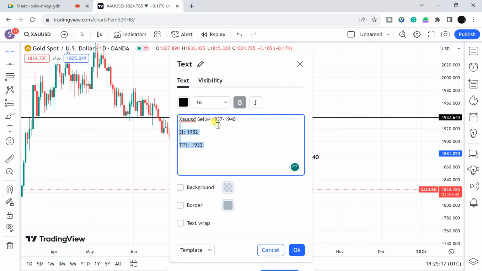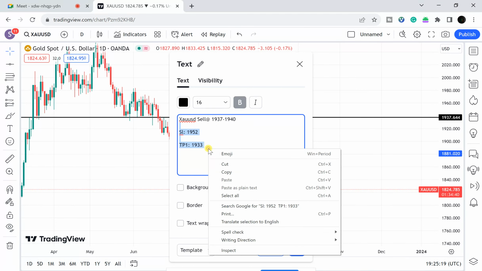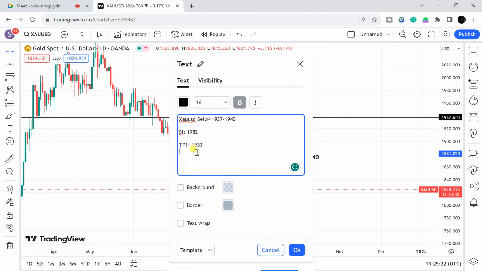And my TP2 is going to be 70 to 80 pips, depending on where I have the next structure. But since this is just an analysis, and we are about to enter a trade, I'm just trying to draft out something for all of us. So my TP2 might be 1930 or 1927. So this is it.